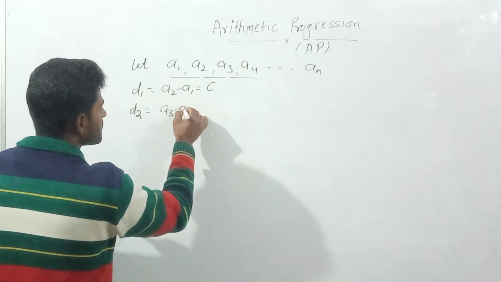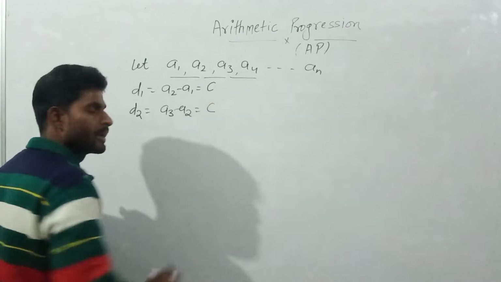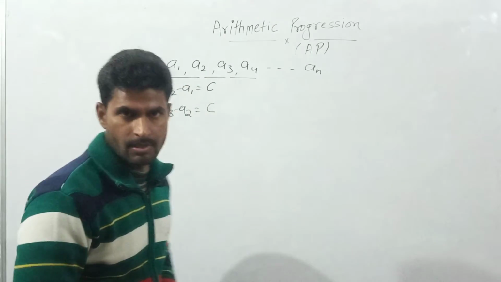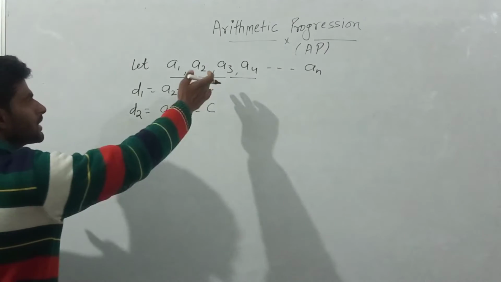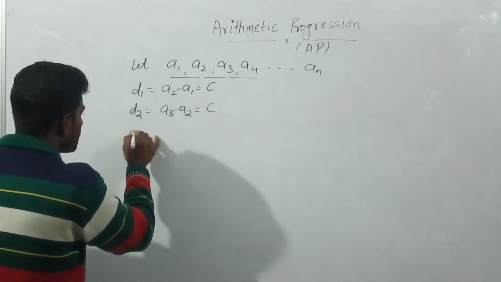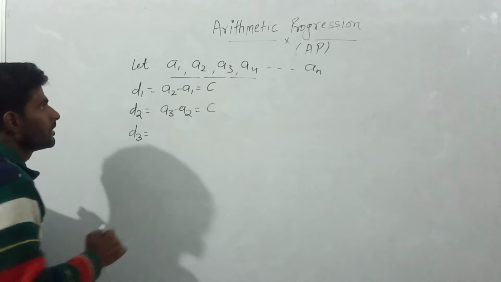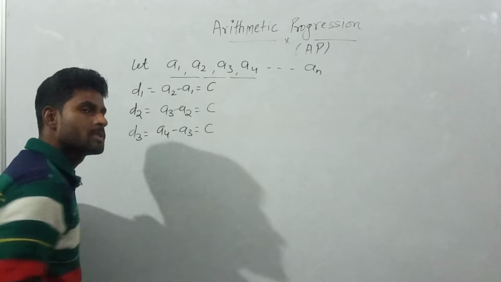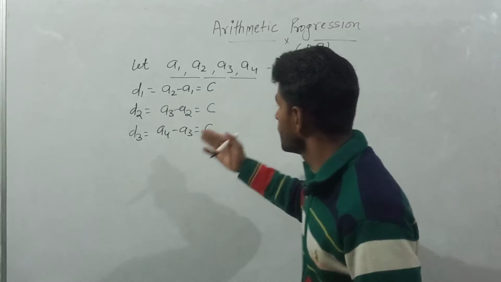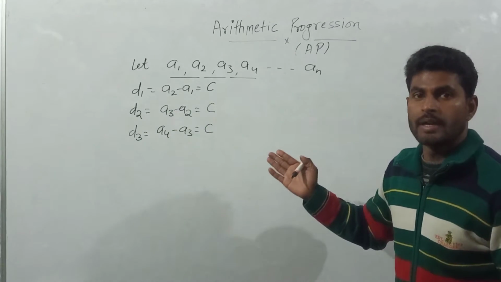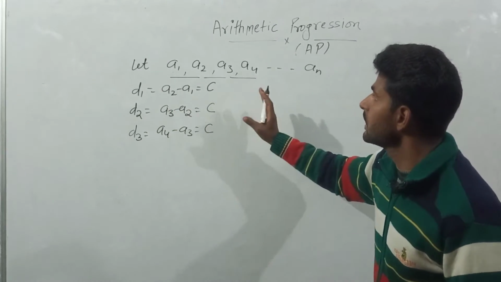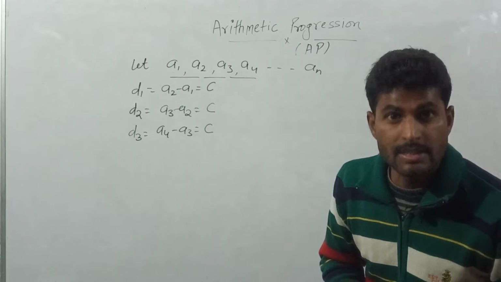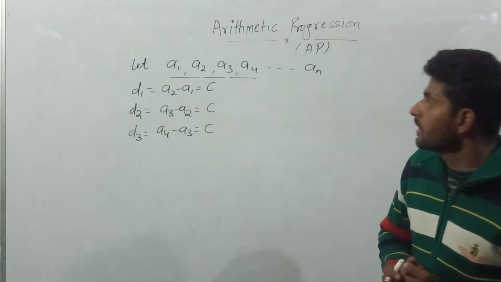So A3 minus A2 will also come out C. Let's suppose, because I am writing a general equation, for the concept I am taking C. So D3 is also A4 minus A3, and let it also be C. If this phenomenon happens, then the series is AP. Then we can say the given series is an example of AP.